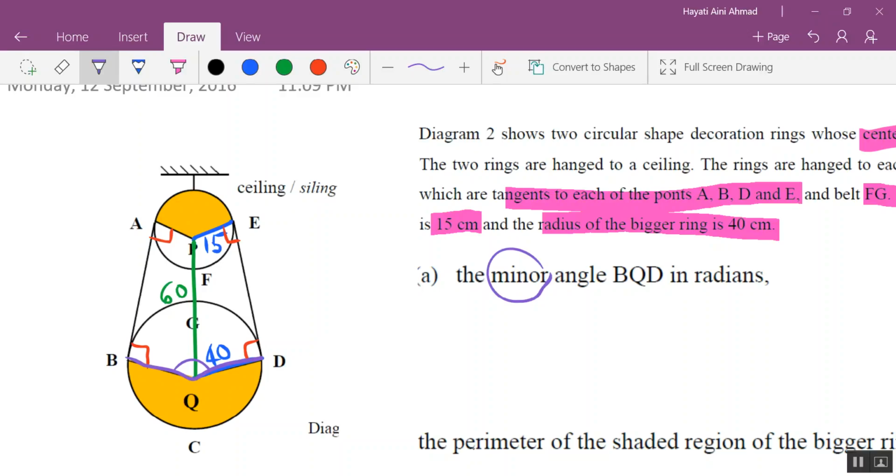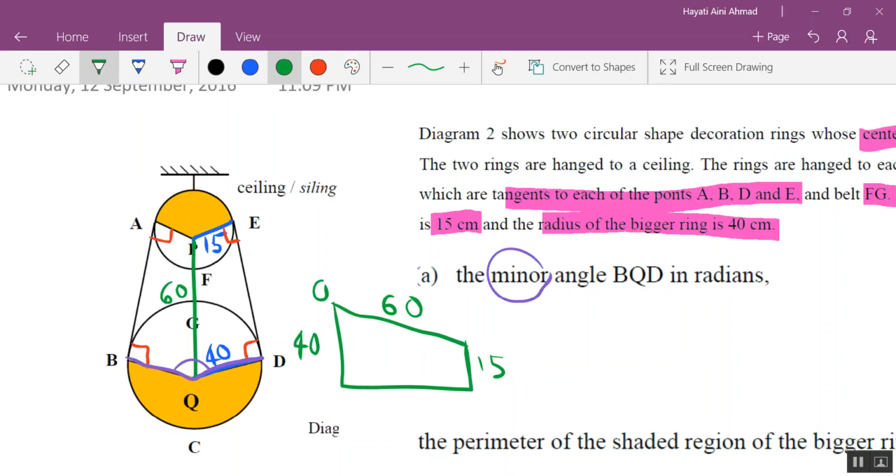Bear in mind that this shape is a trapezium. So when we want to find the angle, it is advisable for us to redraw and label this 15, 60, 40.